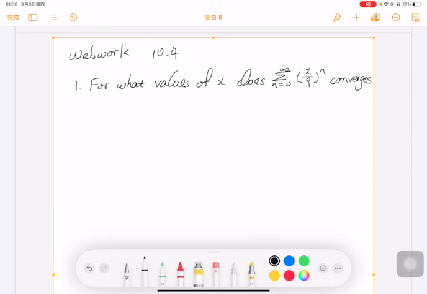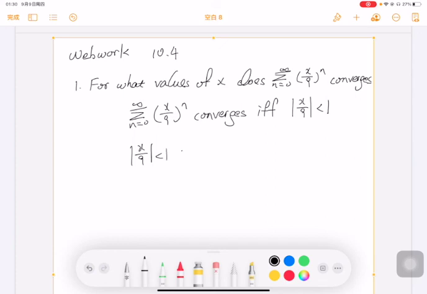We know that this is a geometric series. This converges if and only if the absolute value of x over 9 is smaller than 1. And the absolute value of x over 9 smaller than 1 is the same as the absolute value of x smaller than 9.